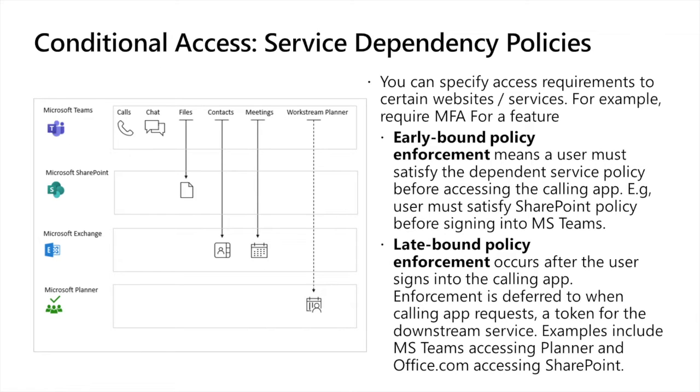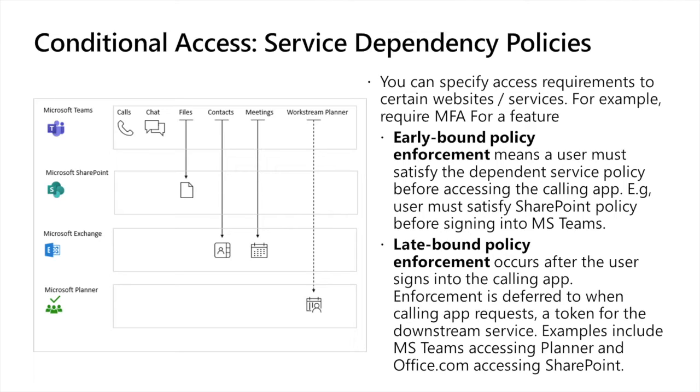One really clever thing that you can set up is something called Conditional Access Service Dependency Policies. And with the dependency policies, you've basically got two types. You can have something called an early bound policy or a late bound policy. So, for example, with an early bound policy, the user must satisfy SharePoint before they can sign into Microsoft Teams.